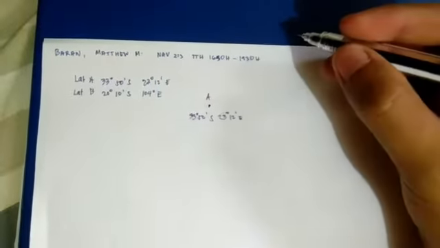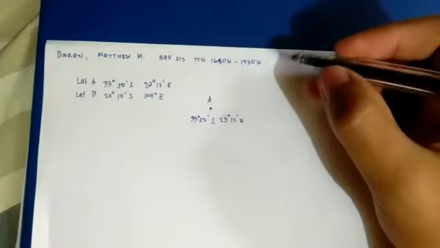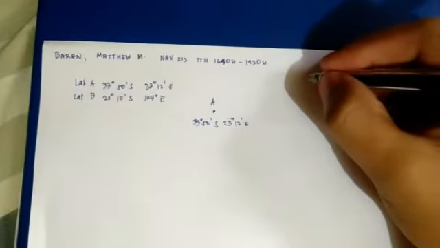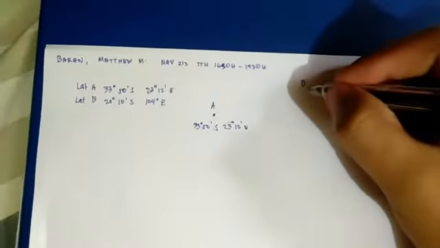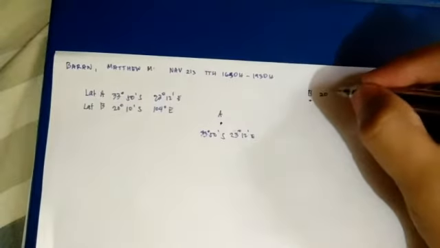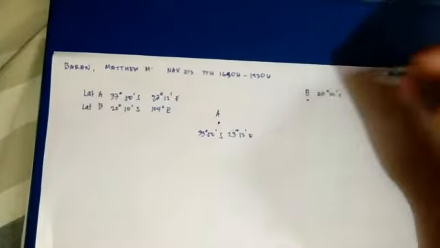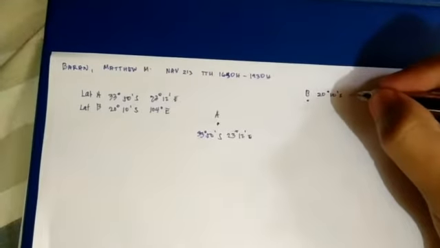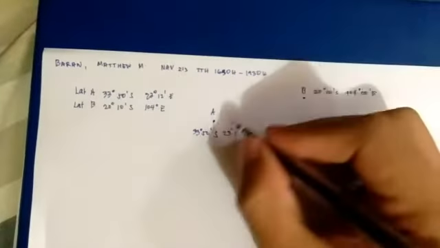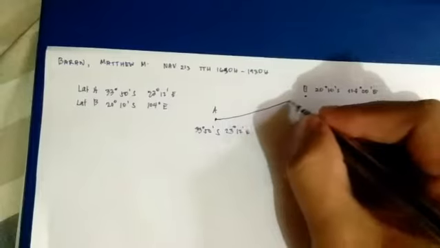Next is our latitude B, which will be located here, and that is 20 degrees and 10 minutes south and 104 degrees east. There.